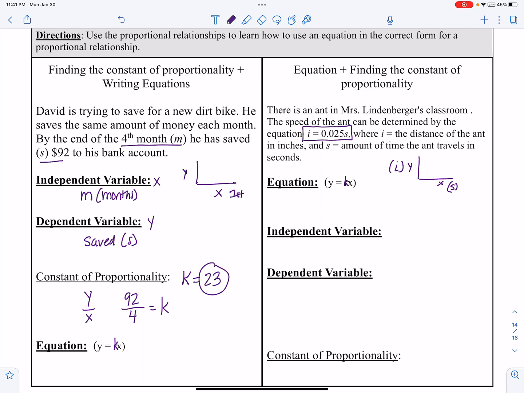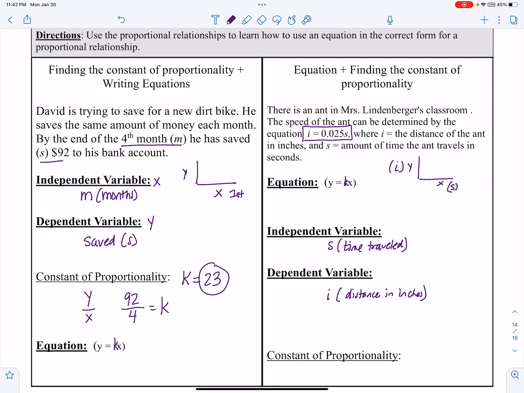And so my independent variable is going to be S, which is time traveled. And my dependent variable is going to be I, which is distance in inches.